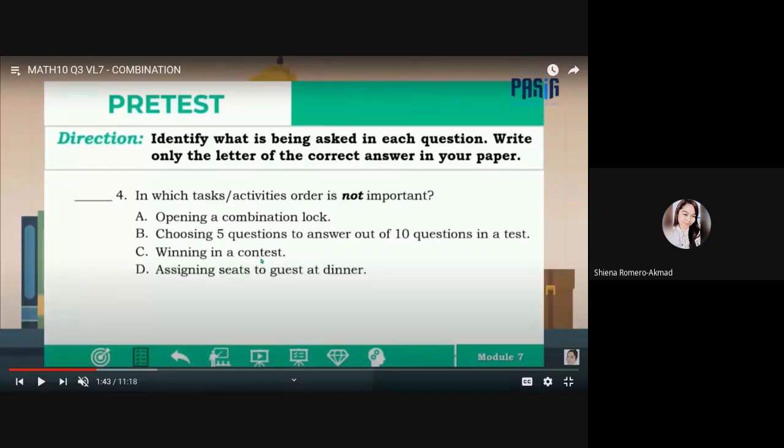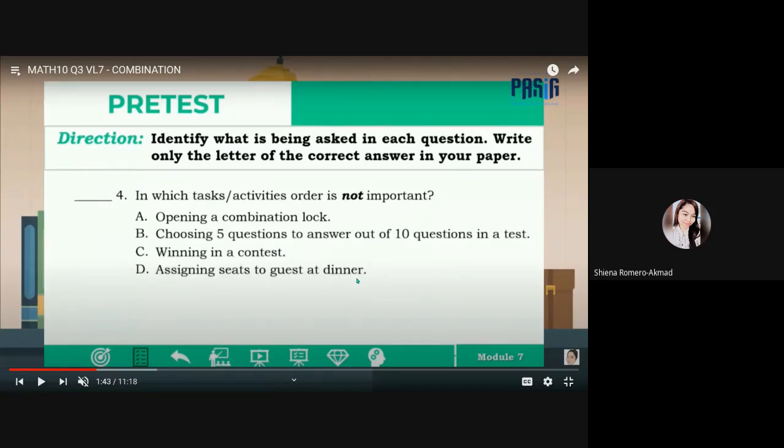Letter C, winning a contest, or D, assigning seats to guests at dinner. Bakit po? Oh, bakit order is not important?